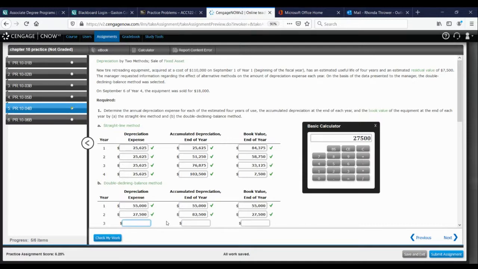And the depreciation expense in the 3rd year was 13,750. The accumulated depreciation was 96,250. And the book value was 110,000 minus the accumulated depreciation of 96,250.